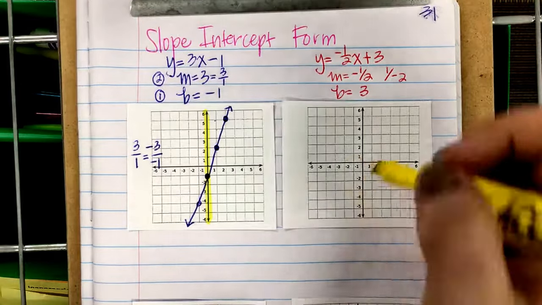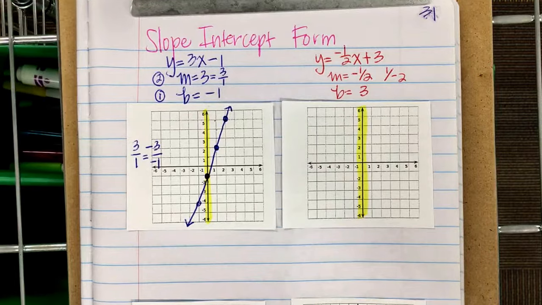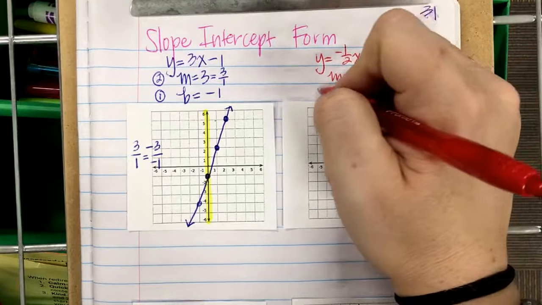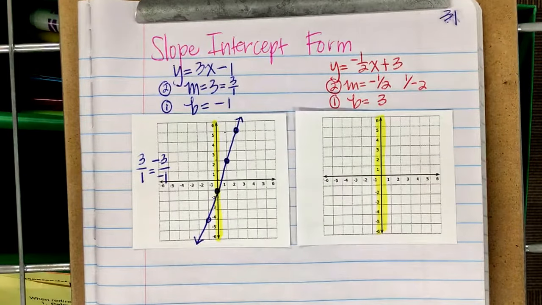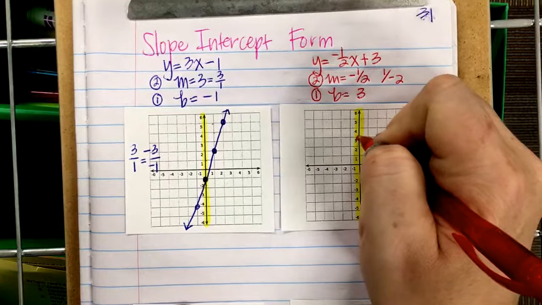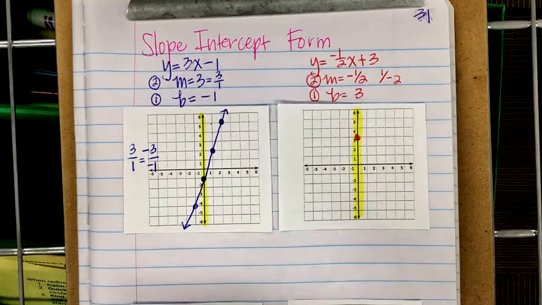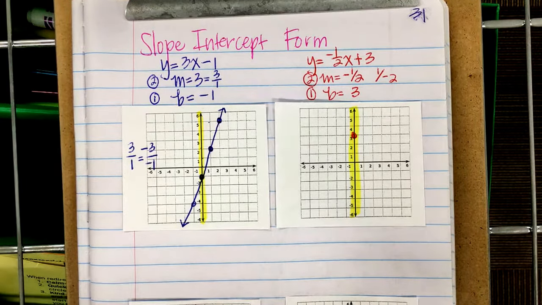Remember, the y-axis is where we start. We always graph in alphabetical order, so our intercept goes first, which is 3. And from my y-intercept, I'm going to graph my slope, which is -1 over 2.